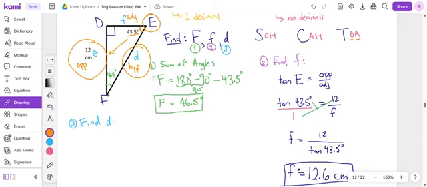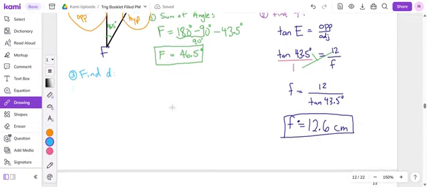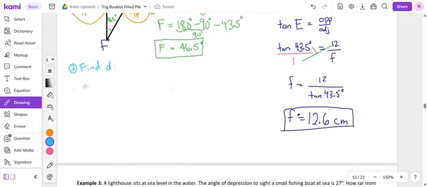Okay, so what did I just circle? I circled opposite and hypotenuse. Go back to SOHCAHTOA, and which one uses opposite and hypotenuse? Why, of course, sine. So let's write out the entire formula. Sine of E equals opposite over hypotenuse. Right?